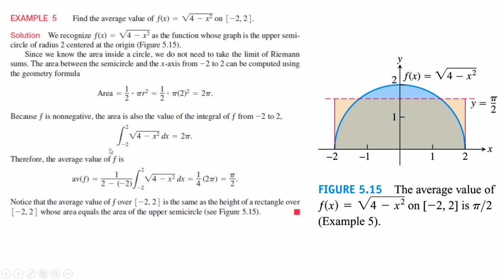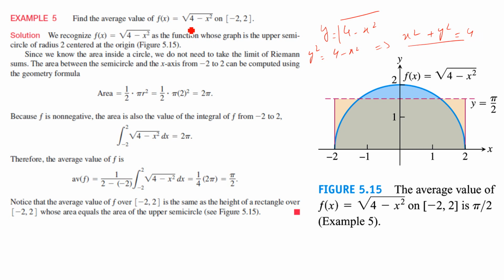So first of all, find the area under the curve. When y is equal to the square root of 4 minus x squared, squaring gives y squared equals 4 minus x squared, and this gives x squared plus y squared equals 4. And what is this? This is the equation of a circle with center at the origin and radius 2.